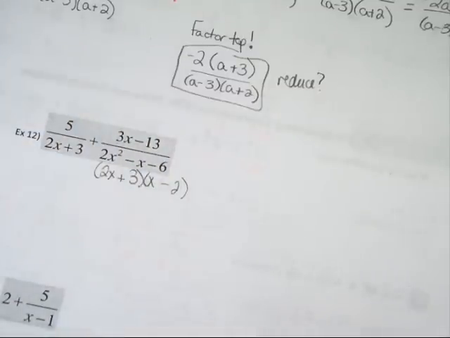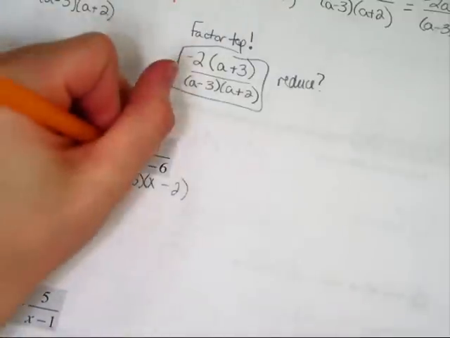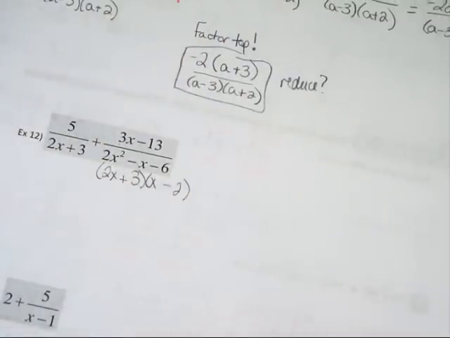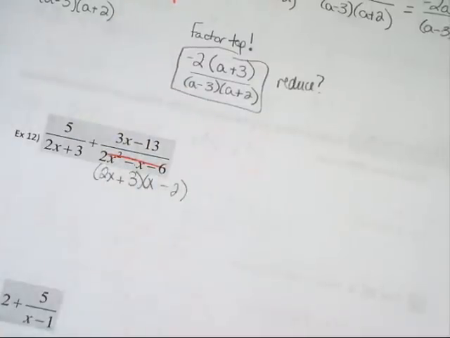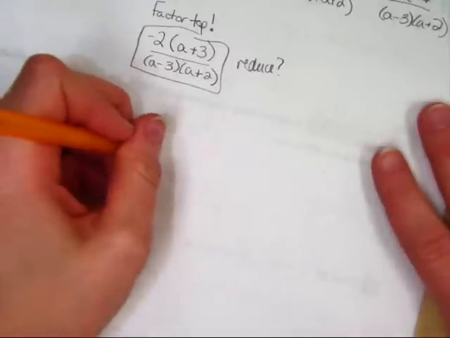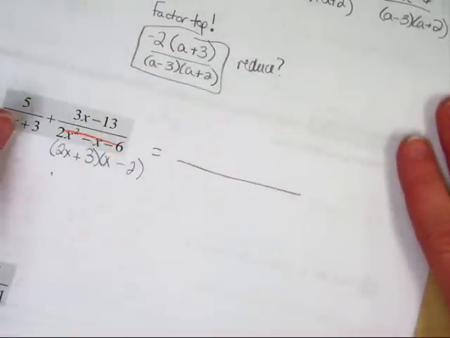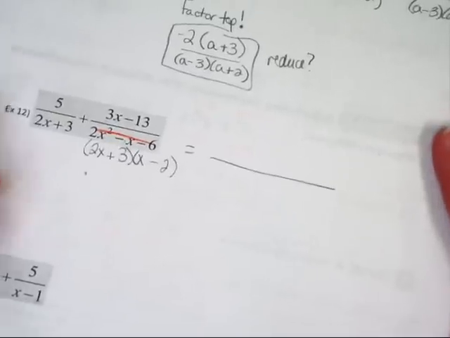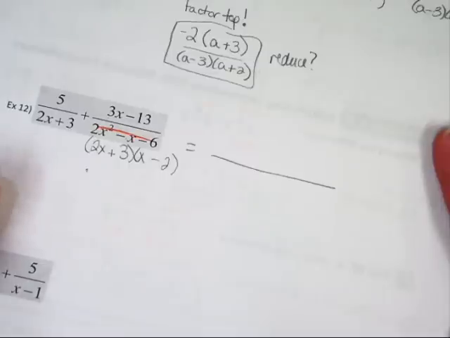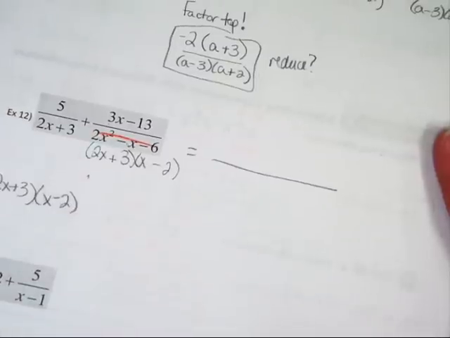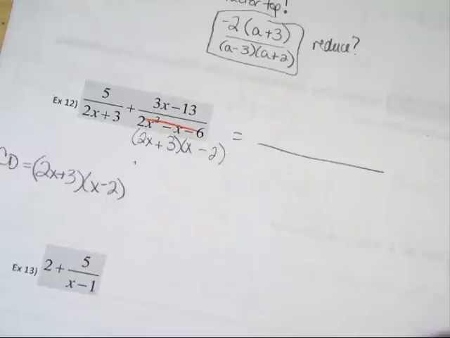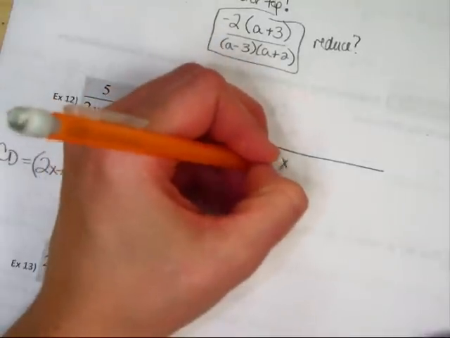So I get a positive 3 and a negative 4, which gives me this negative 1. So I factored the bottom right. This bottom left doesn't factor. My common denominator comes from the first and the second fraction. So the common denominator in this case is 2x plus 3 and x minus 2. Notice I only brought one of the 2x plus 3's into my denominator.